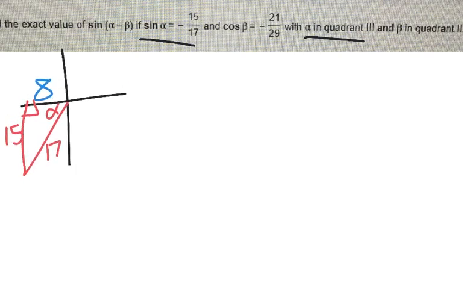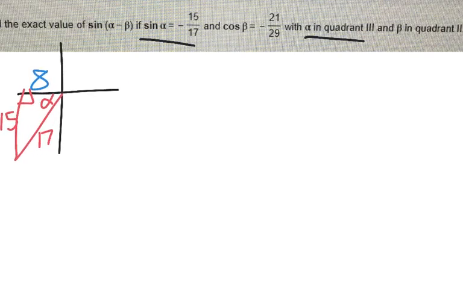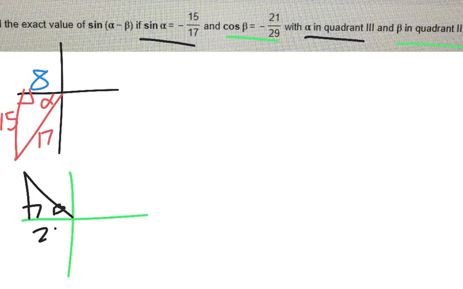And now we're going to draw the triangle for beta. So it tells me beta is in quadrant 2. So when I draw that triangle, I'm going to put it in quadrant 2. This is my reference angle for beta. And it tells me we're talking about cosine of beta.